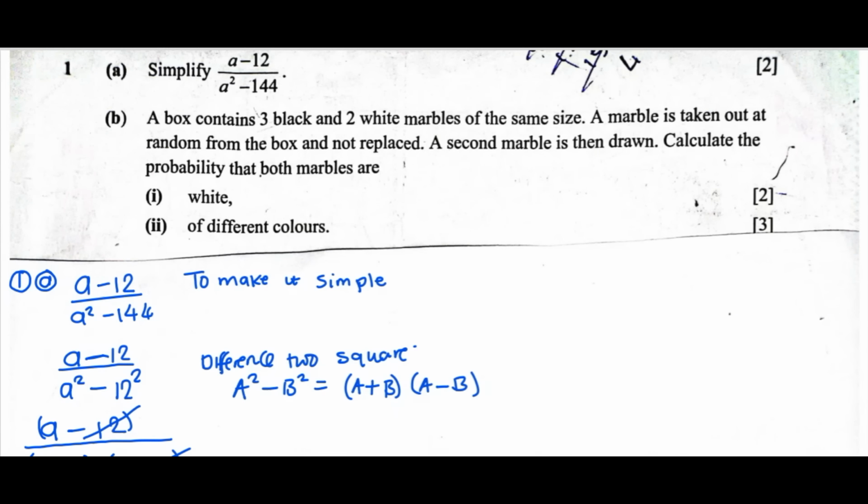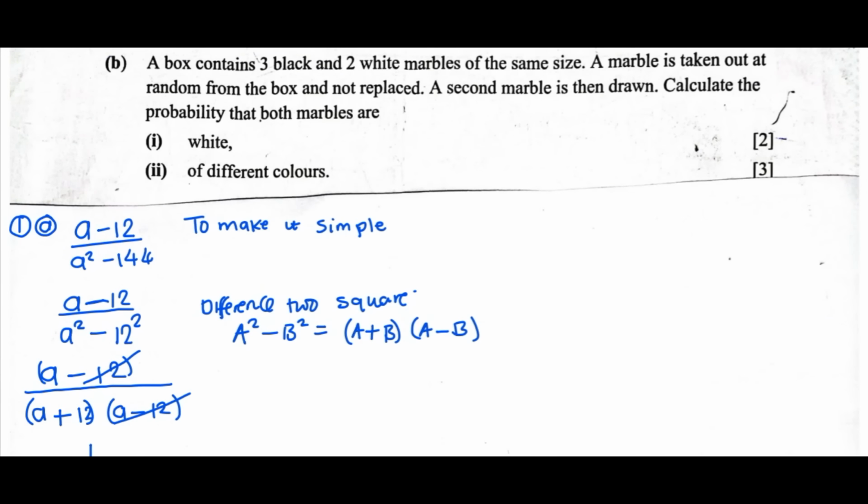So now, even if the question is not asking us to draw a tree diagram, we are going to draw a tree diagram because a tree diagram will give us a picture of what is happening. Now we can see that we have only 2 outcomes. There is black, and the total number of black marbles was 3. Then white was 2.